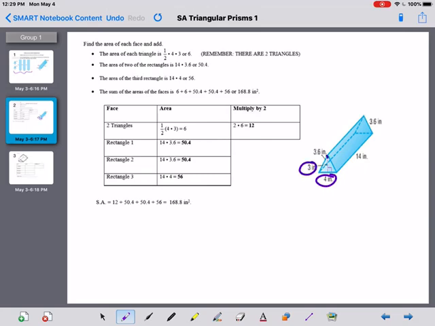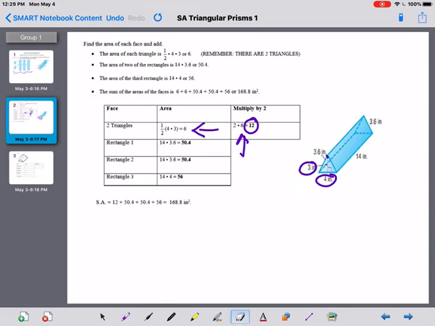The height is 3 inches. So in this first box, to find the area of that triangle, we multiply 1/2 times 4 times 3, which is 6. But keep in mind, we have two triangles, the front and the back, that are exactly the same size with the same area. So if we double that area of 6, we get a final area of 12 for the two triangles.